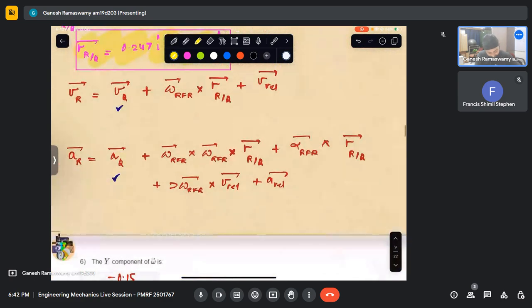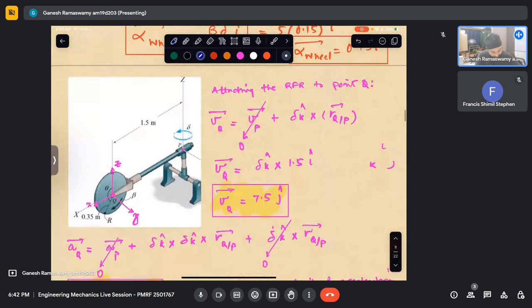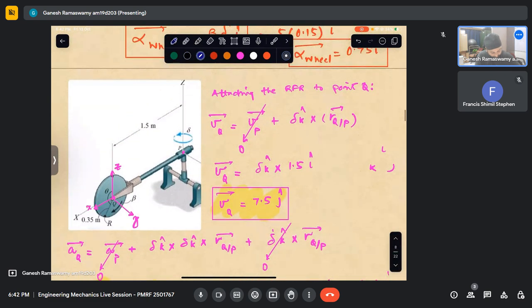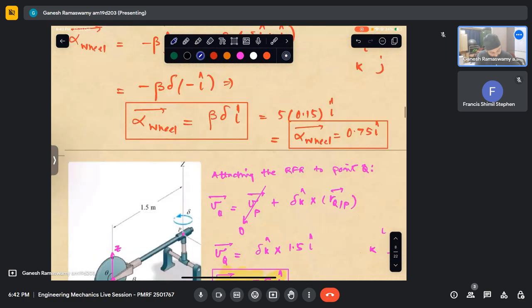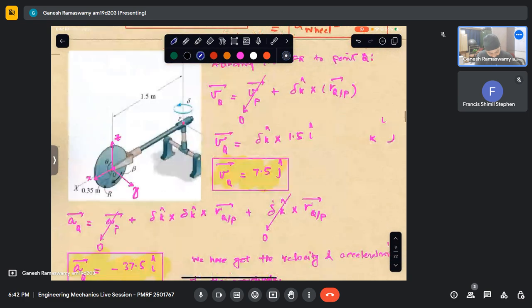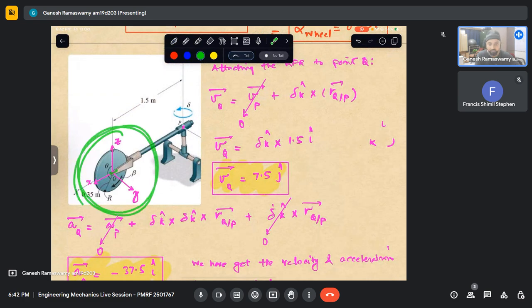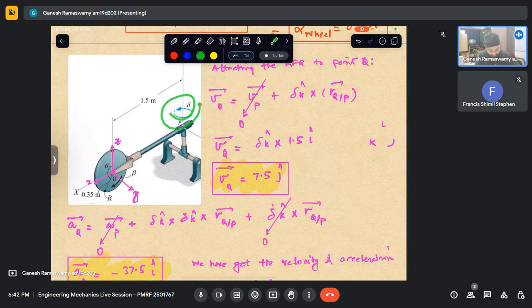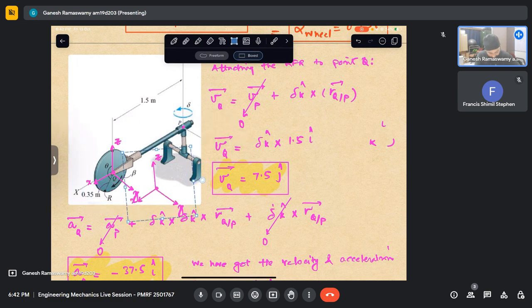Do we know omega of the RFR? We have attached it here. What is this rotating with? We know it is rotating with delta. This coordinate system, after some time, will go here and it would have rotated in some way by virtue of this delta.